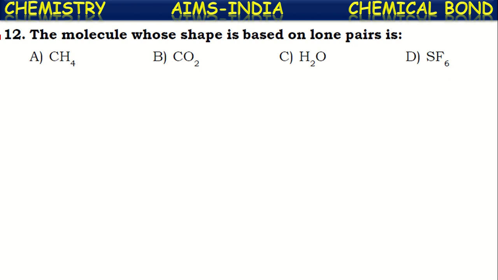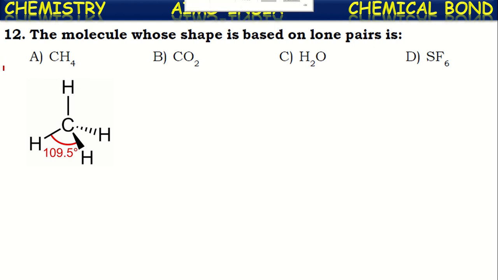See the first molecule, CH4. Does it have any lone pairs on the central atom? No. So its shape won't depend upon lone pairs of electrons. It depends only upon the number of bond pairs present on the central atom. See the next one, the carbon dioxide molecule.